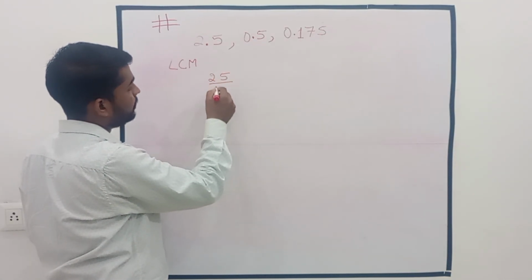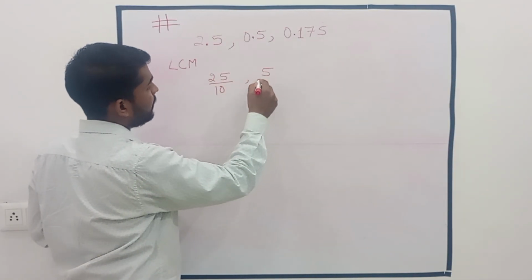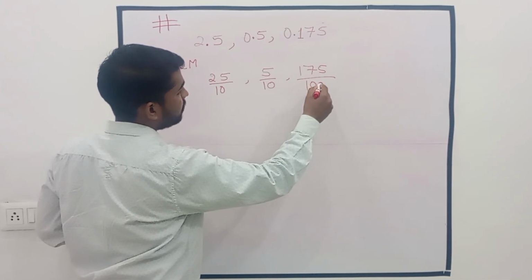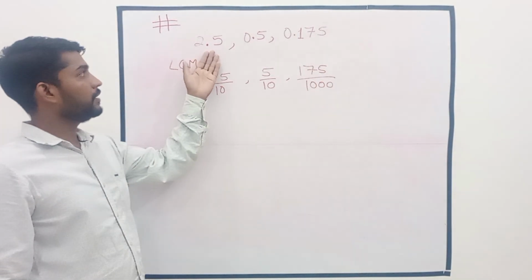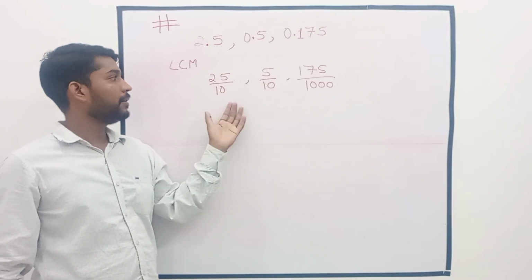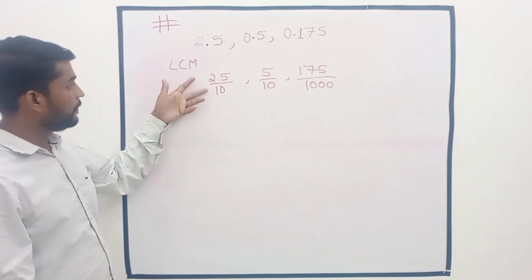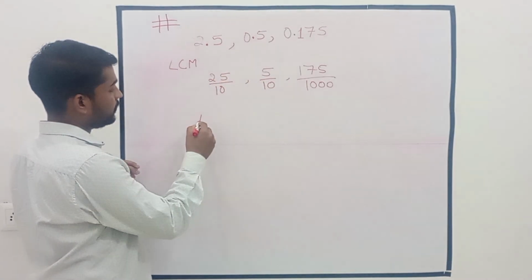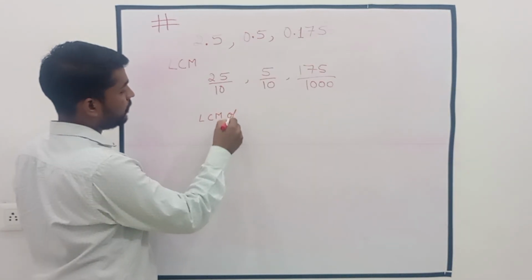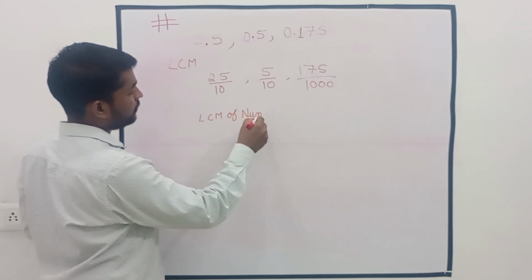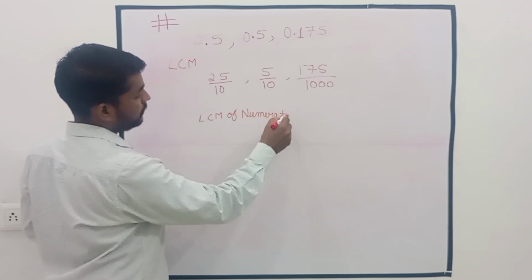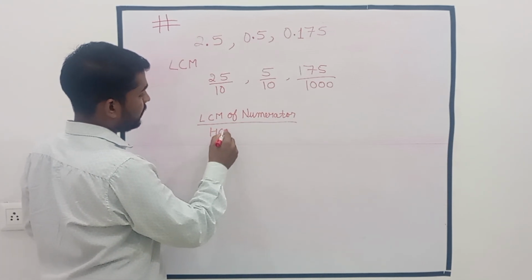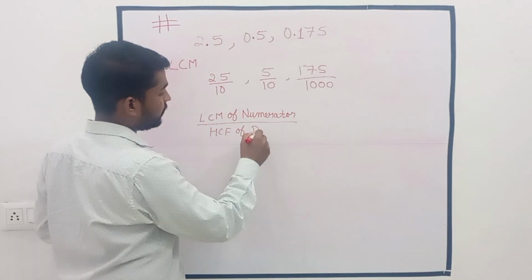In fraction form, you first calculate the LCM of the numerators and the HCF of the denominators.